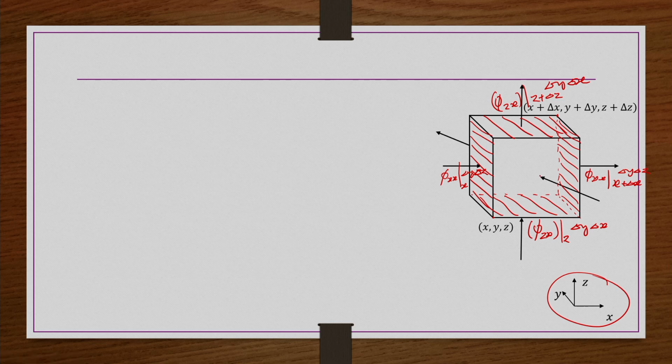Likewise, in the y direction, x momentum is entering at y location, which is nothing but phi yx at y multiplied by the plane through which it is entering, that is delta x delta z. Similarly, x momentum leaving in the y direction is phi yx at y plus delta y multiplied by the area of the phase through which it is leaving, that is delta x delta z.